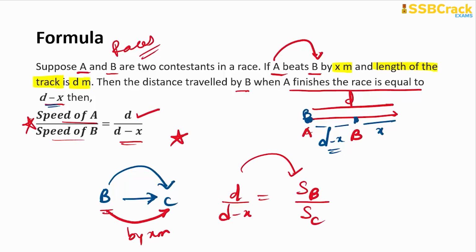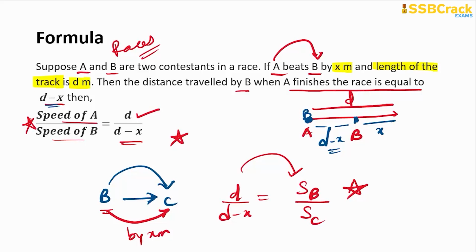You understand this? This is a most important point. Got it? So the ratio of speed of A upon speed of B is equal to the distance covered by A, by beating person B by a certain distance x meters, and the speed of B goes with the distance d minus x.